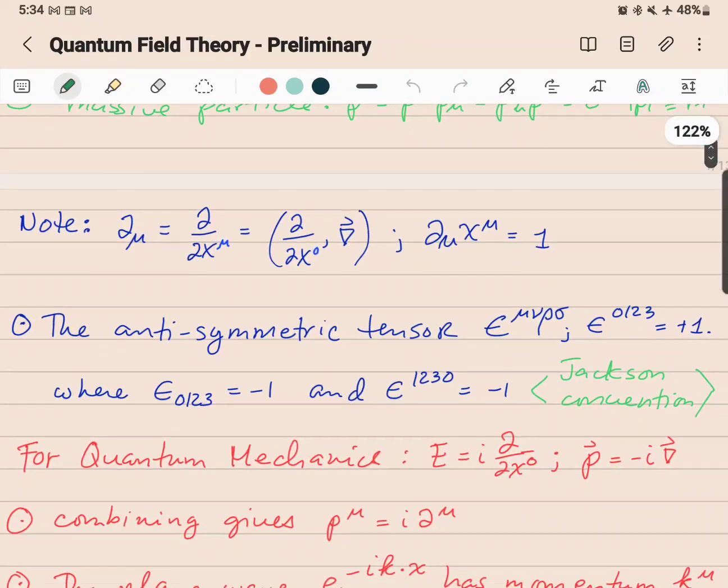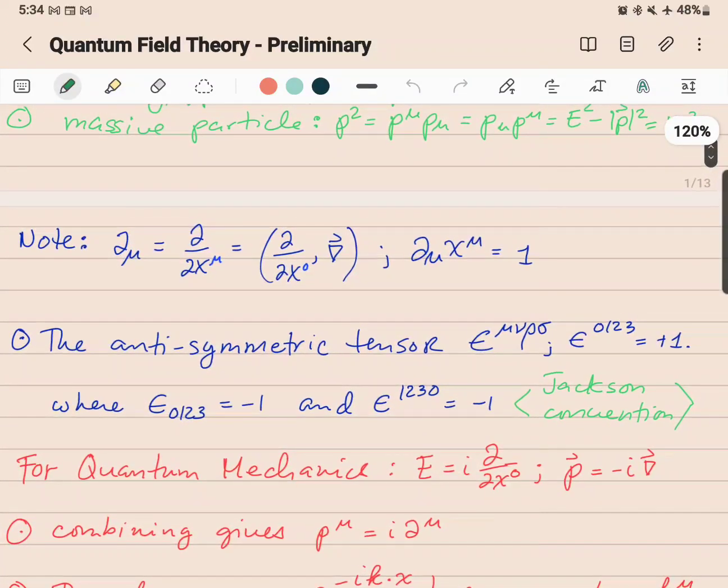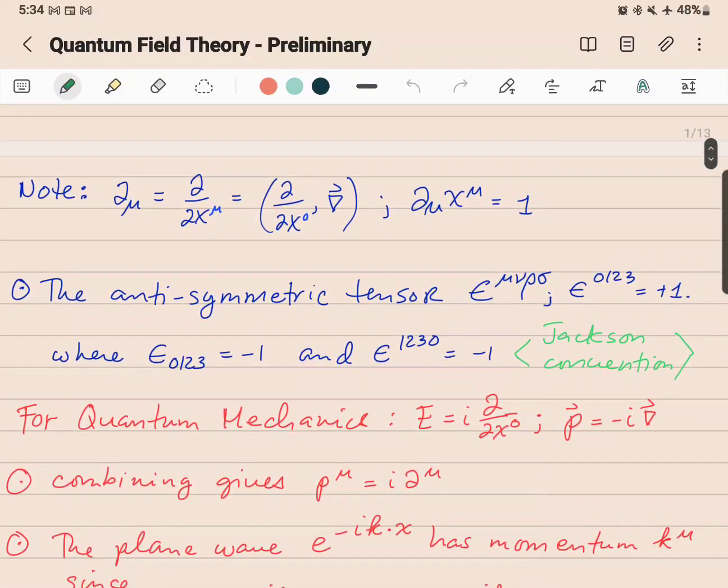So for derivatives, this is quite tricky because your partial derivative, partial mu, is equal to partial with respect to x^μ, where mu is an upper index, and this is just equal to partial x0, del operator.